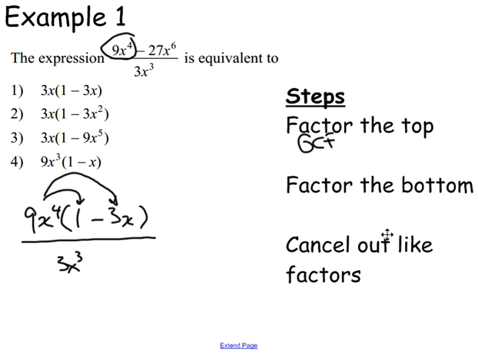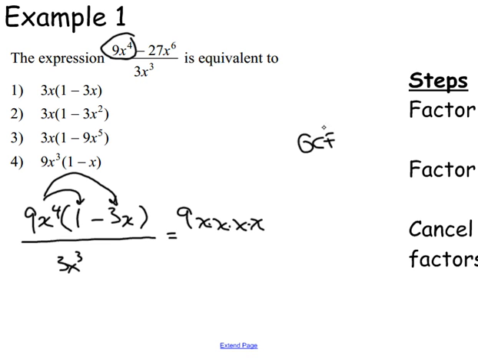There are some factors to cancel out, and you've got to remember 9x to the 4th is really 9 times x times x times x times x.